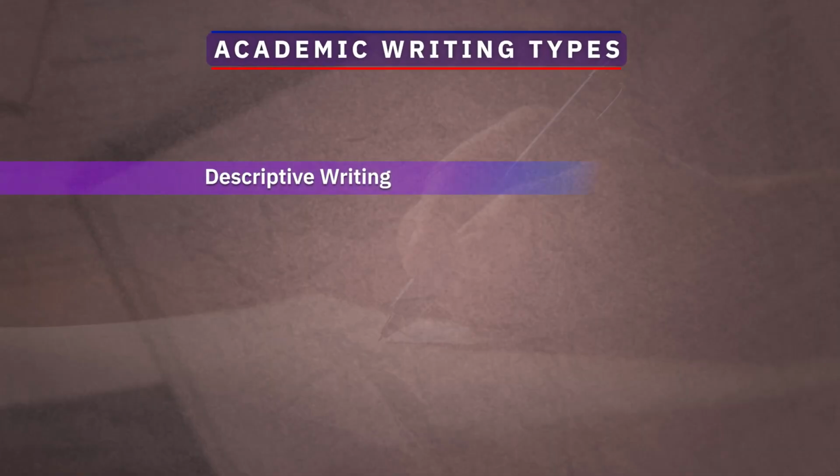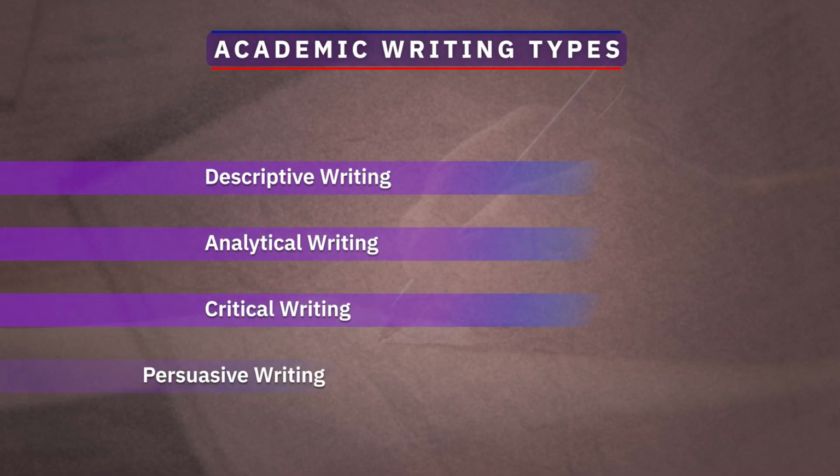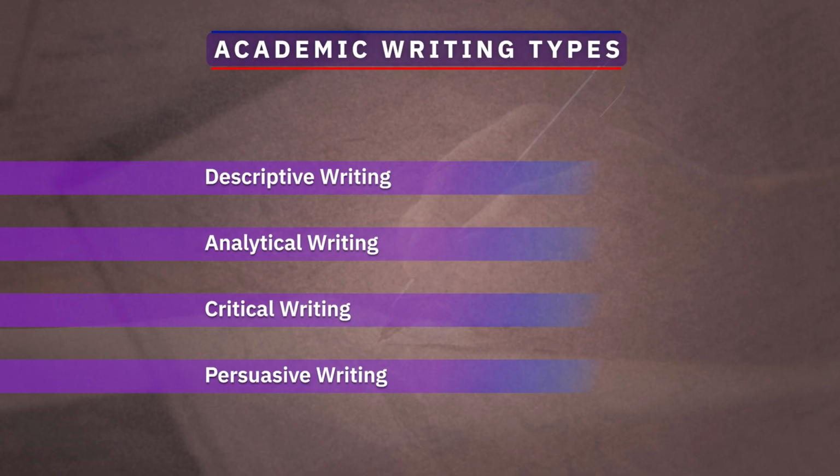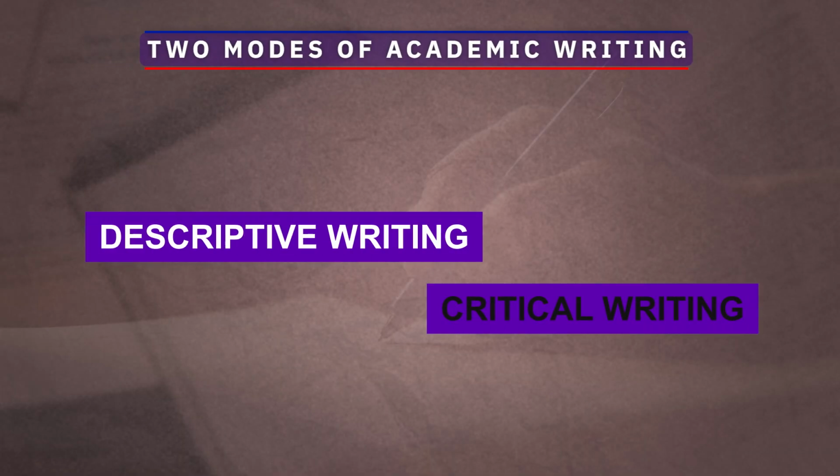Now, we must understand that there are many types or modes of academic writing: descriptive writing, analytical writing, critical academic writing, and persuasive academic writing. But in today's lecture, we shall focus upon the two most important modes of writing, which is descriptive writing and critical writing.